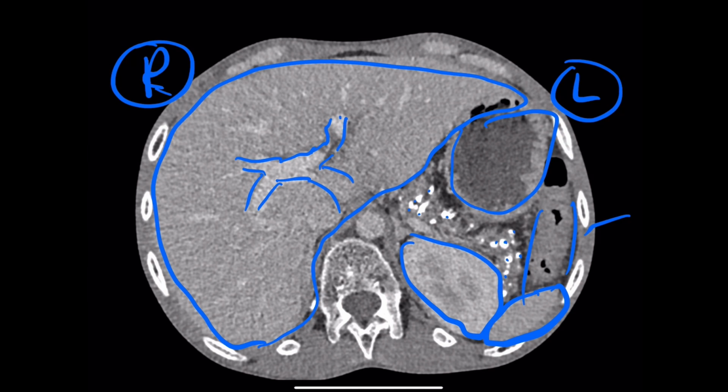We'd need to scroll down and see a few more pictures, but we're seeing the distal body and tail of pancreas in this image, and it is obviously abnormal, and these bright white dots correspond to calcification, and we know straight away that that's chronic pancreatitis. I'm going to use the word pathognomonic. It is pathognomonic. And when you marry it with the symptoms you're describing, it really does make sense for chronic pancreatitis.